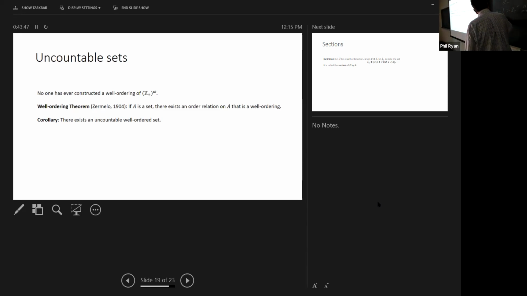Okay, you've got 2, 1, 1, 2, etc. In the dictionary order, there is no smallest element, right? Because you want to put the 2 right at the end. That would work in Z plus omega plus 1, because then we do have something to get to the end. But then we'd come up with other sets that would be wrong too.